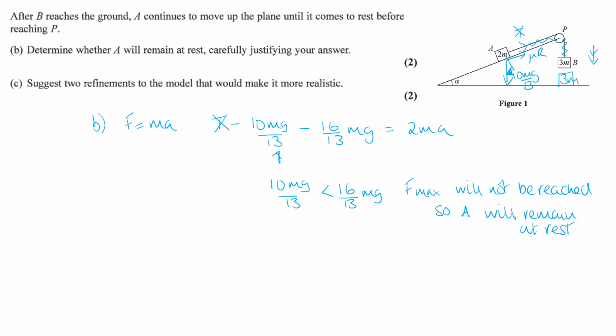So that's part B. Part C suggests two refinements that would make it more realistic. Well, for modelling purposes we had that the string was light and inextensible, so the string may have weight and be extensible.